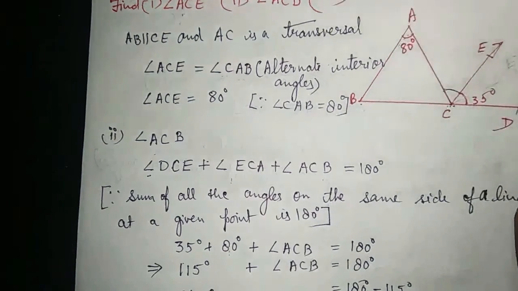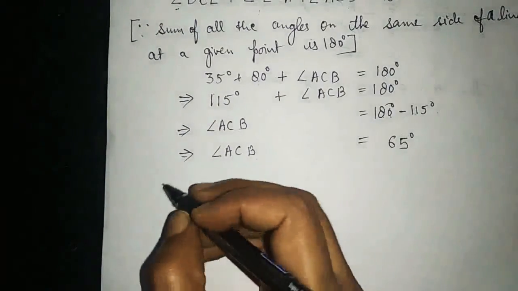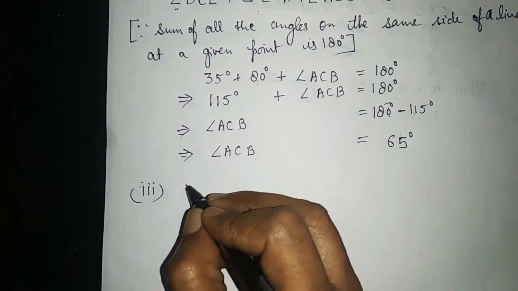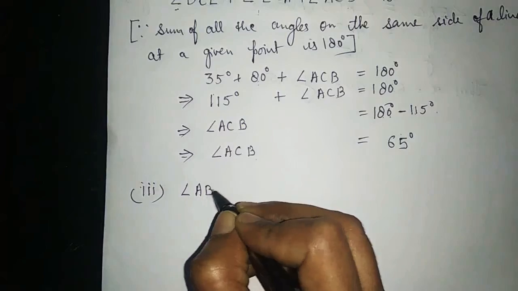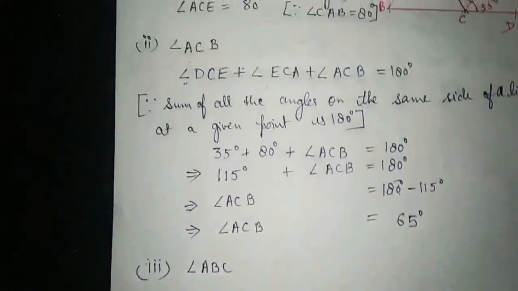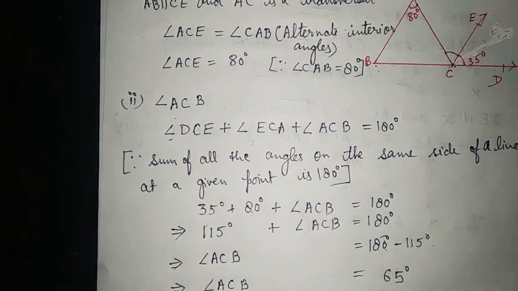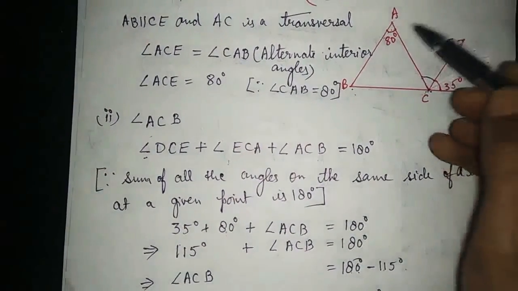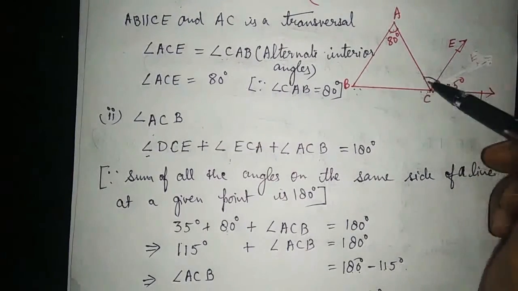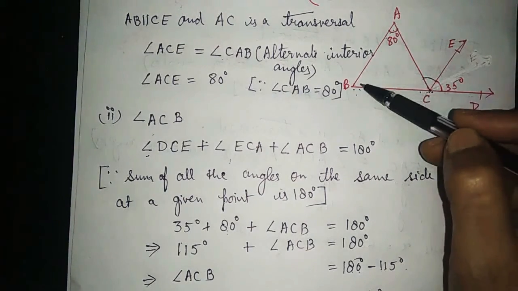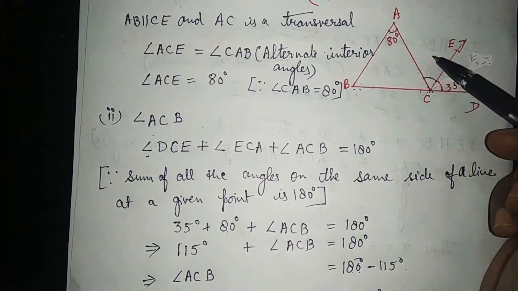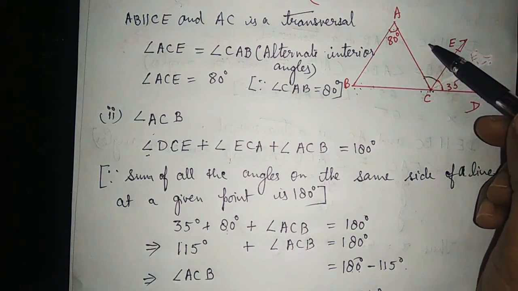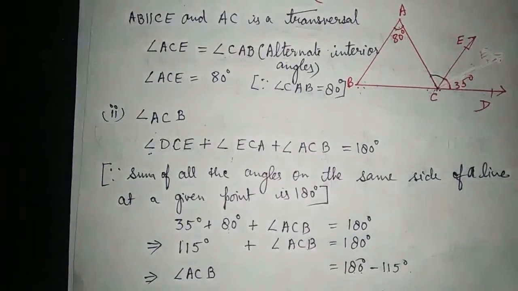For the third part, what we will do? Here we will write angle ABC plus angle BCA plus angle CAB is equals to 180 degree. You know why? Because sum of three angles is 180 degree by angle sum property.